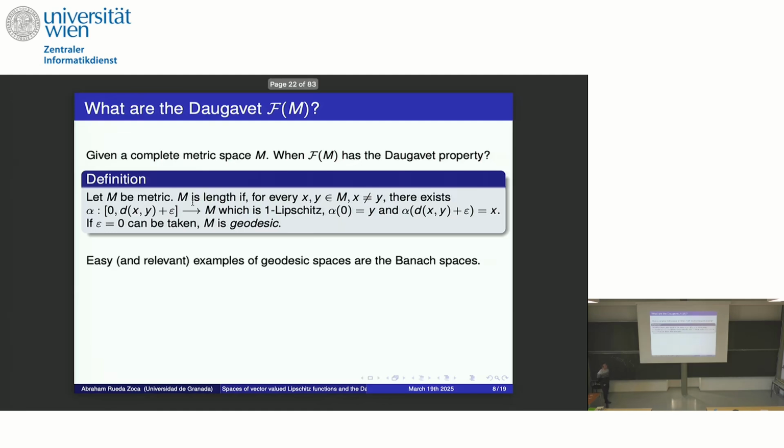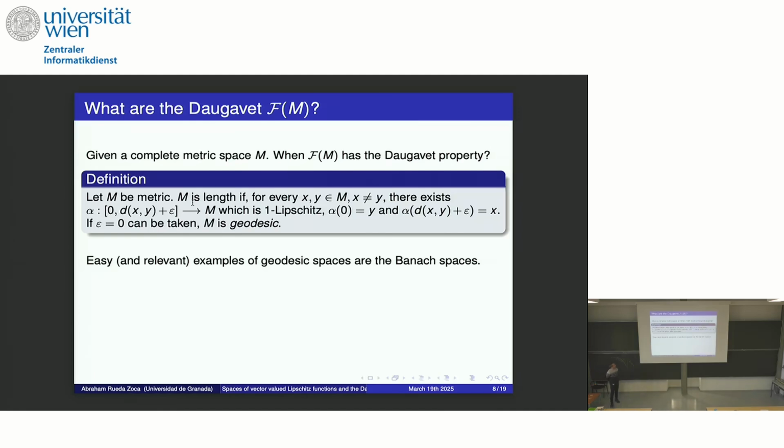And as you can imagine, easy and relevant examples of geodesic spaces are the Banach spaces, where the geodesics can be defined using metric segments, vector segments I mean.